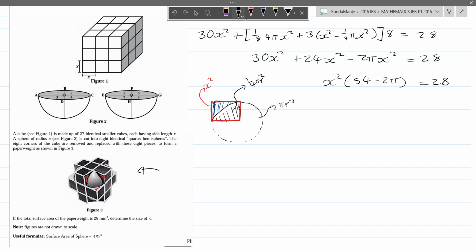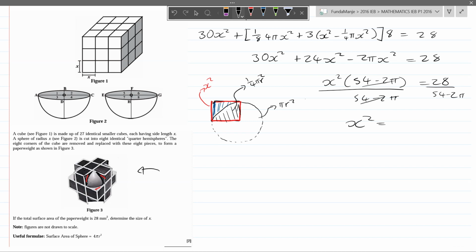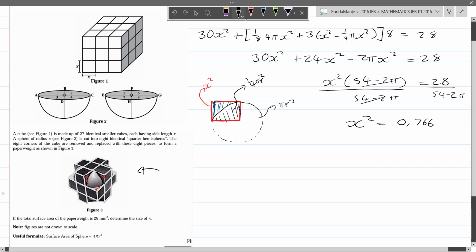This is equal to 28. Divide both sides by 54 minus 2 pi, and we have that x squared is equal to 0.766, and with the total surface area, we determine the size of x.